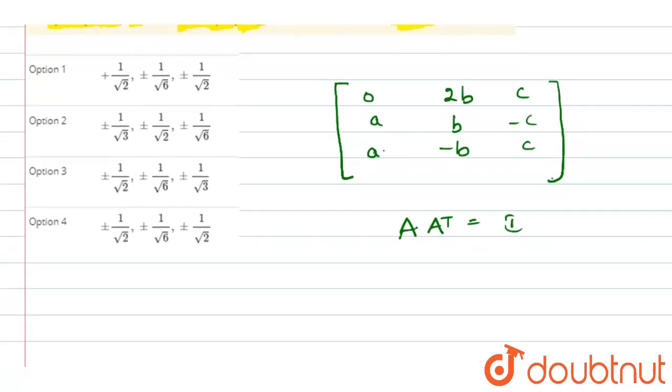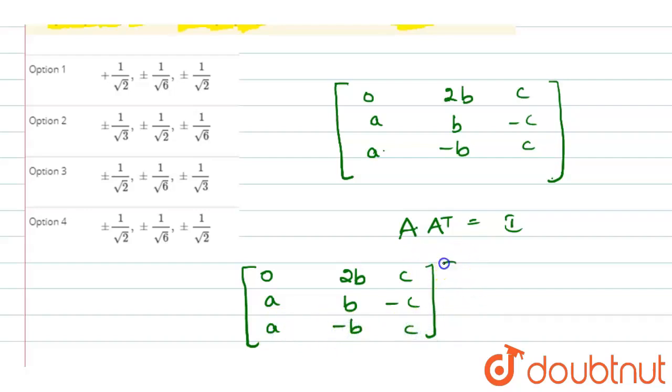Here we can see that the value of A is equal to [0, 2b, c; a, b, -c; a, -b, c], and A transpose is equal to [0, a, a; 2b, b, -b; c, -c, c].